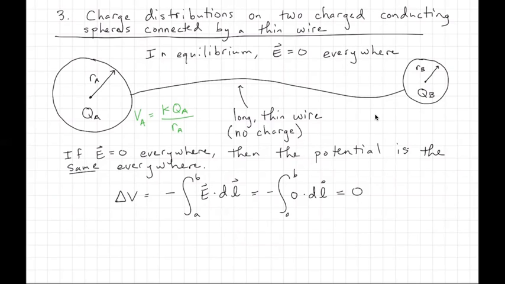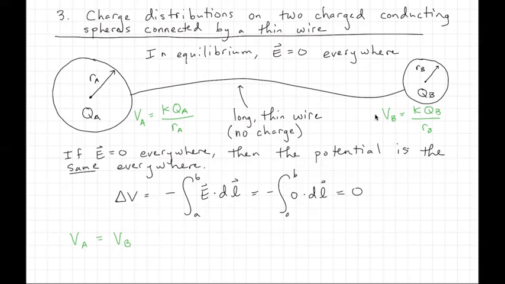And the potential on sphere B is K Q_B over R_B. These are different expressions for the potential of A and potential of B, but this whole argument about the potential being the same everywhere in the system says that V_A has to be equal to V_B. The potential has to be the same. There's no electric field between those two spheres.